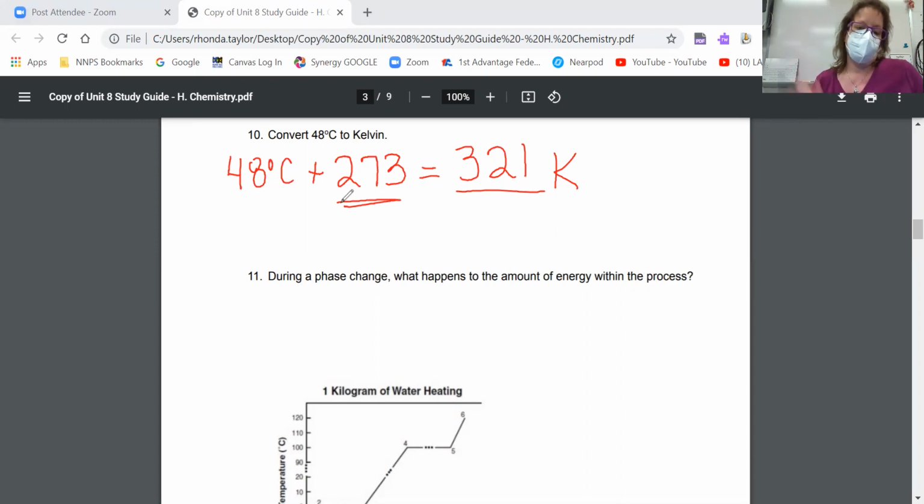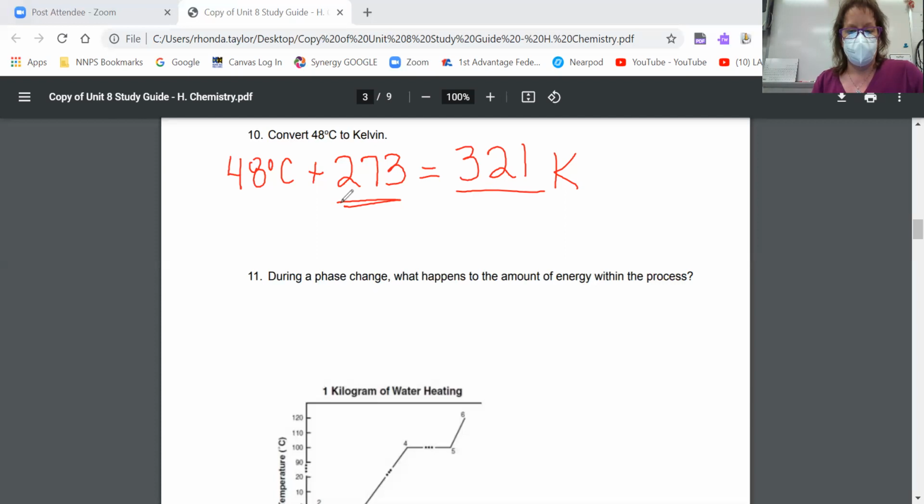If you think about 0 degrees Celsius, and body temperature in Celsius is like 37 degrees, Celsius tends to have lower numbers than what we're used to, and Kelvin tends to have higher numbers. So when you go from Celsius to Kelvin, you add 273. I'm sorry, when you go from Kelvin to Celsius, you subtract 273.